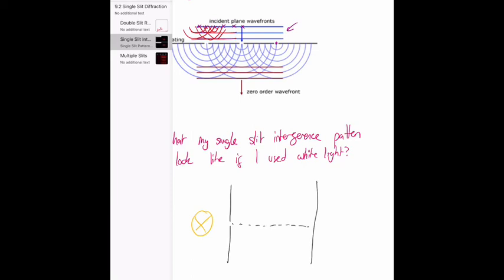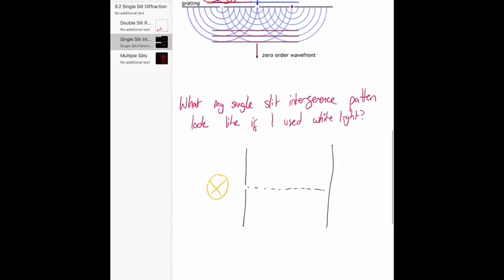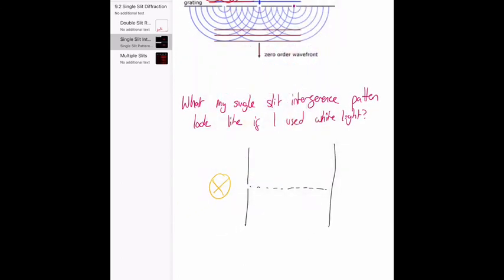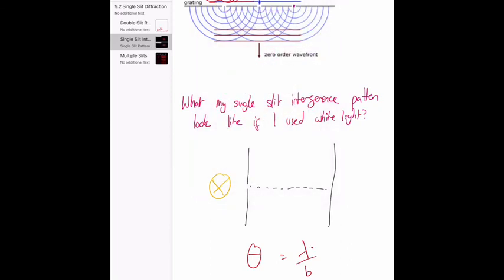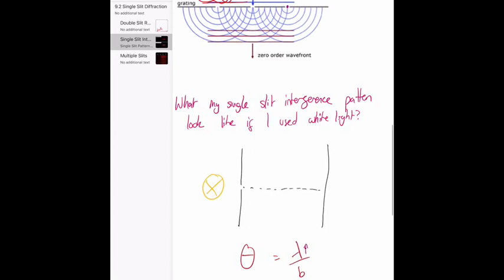And what does that mean for the colours of the spectrum? As you go further away, think about, if we've got this equation, what happens as the wavelength changes? So if you think about your colours of your rainbow, which one has the longest wavelength? So as we increase that wavelength, what's going to happen to that angle there?